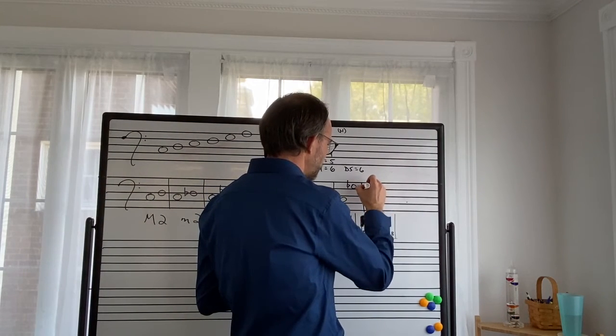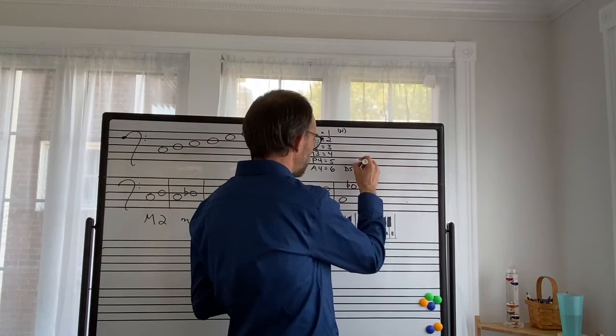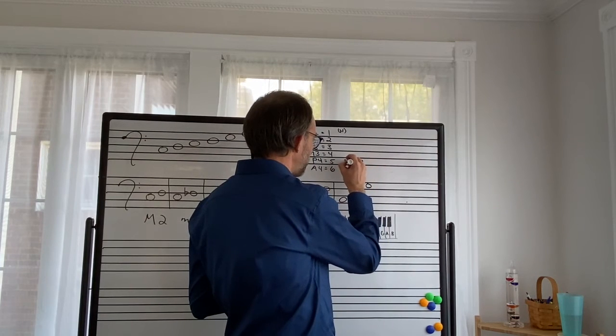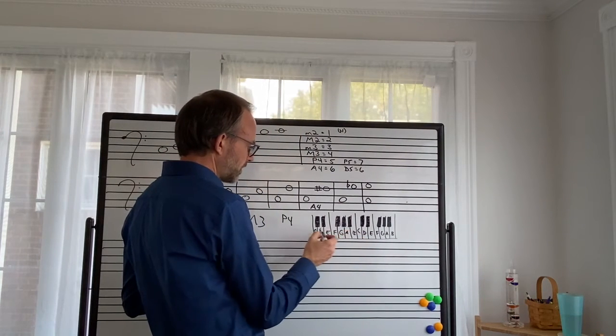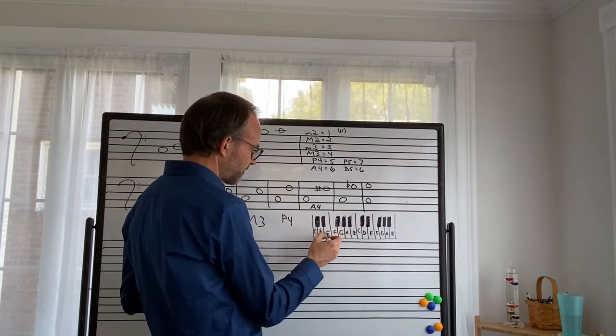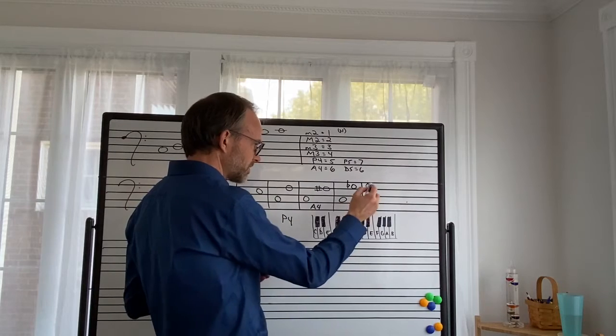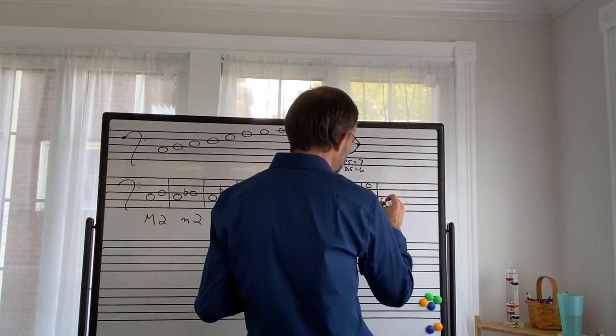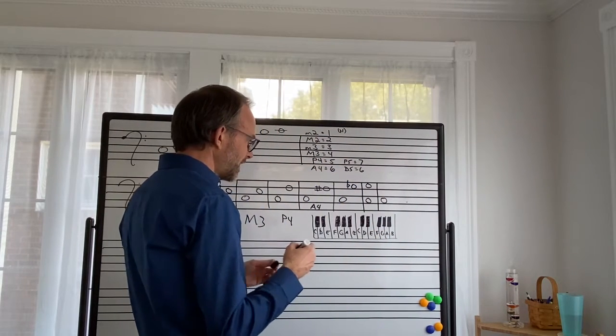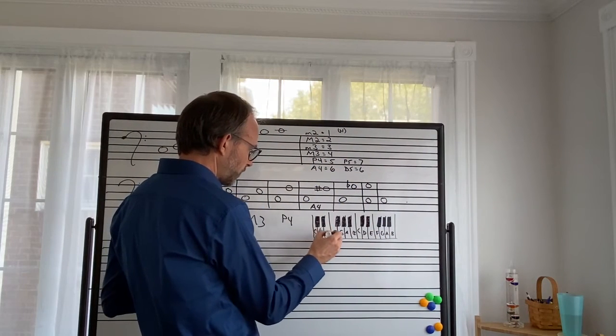I have 7 half steps. That's going to be my perfect fifth. So C goes to G, 1, 2, 3, 4, 5, 6, 7. 7 half steps. Has to be spelled as a fifth. Now I want 8 half steps. 1, 2, 3, 4, 5, 6, 7, 8.